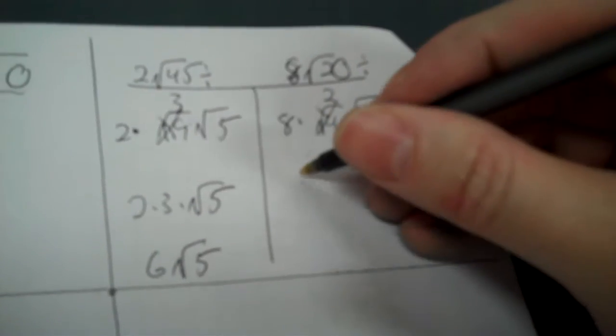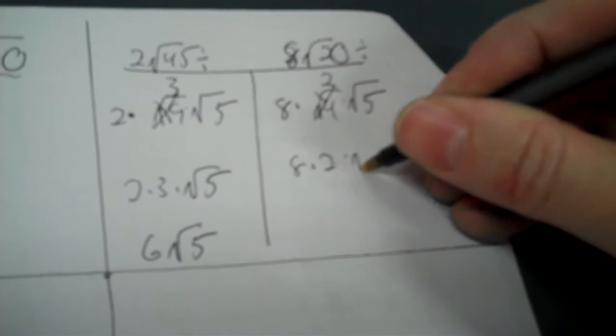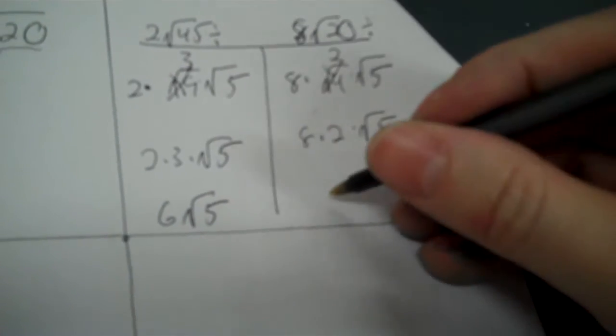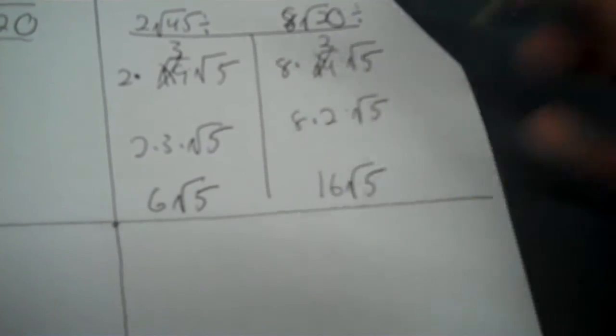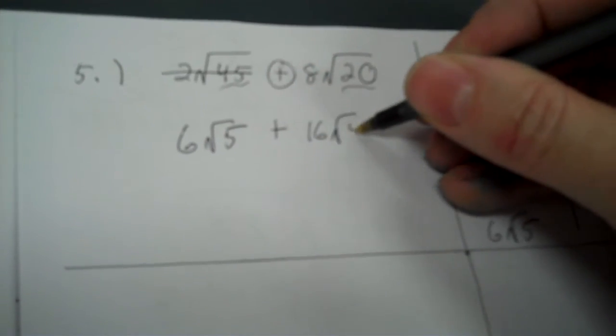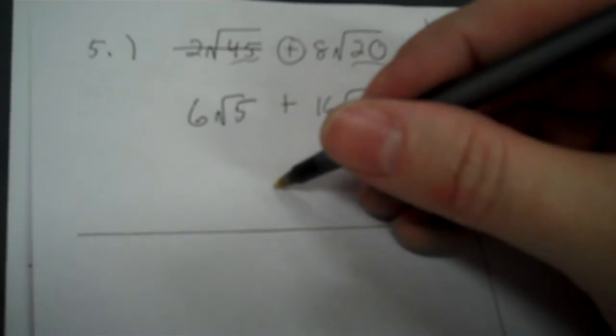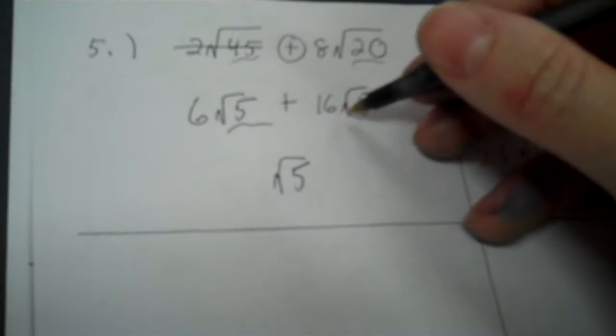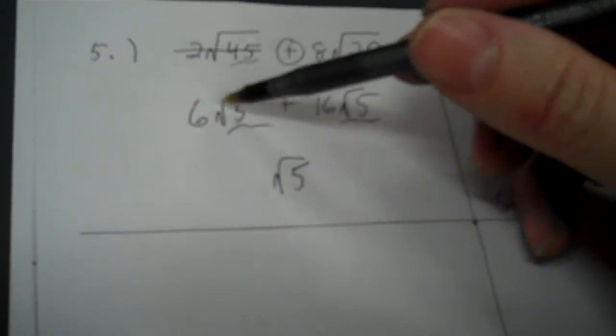So the square root of 4 is 2. So you have 8 times 2 times radical 5, and that would be 16 radical 5 plus 16 radical 5. Now I have radical 5's in both of these, and that allows me to now add the outside. 6 plus 16 would be 22.